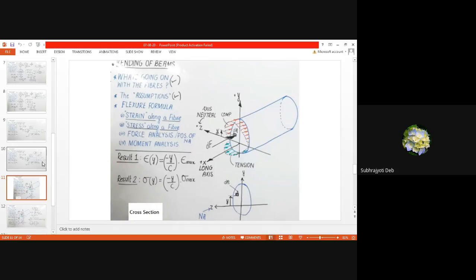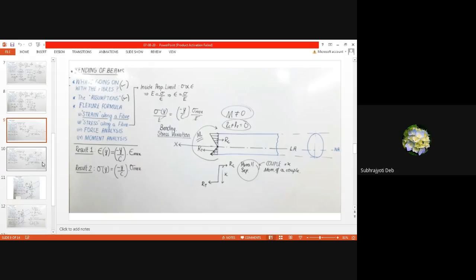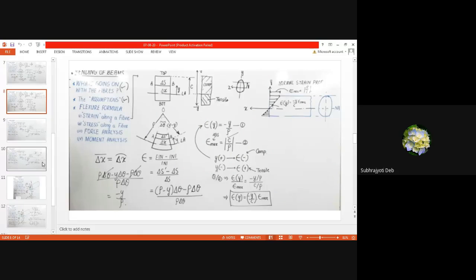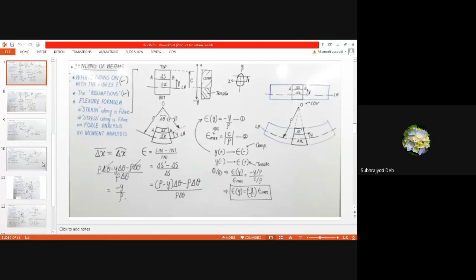Just a quick review. This was the equation for strain, epsilon y, and this is how we derived it: change in dimension divided by original dimension.